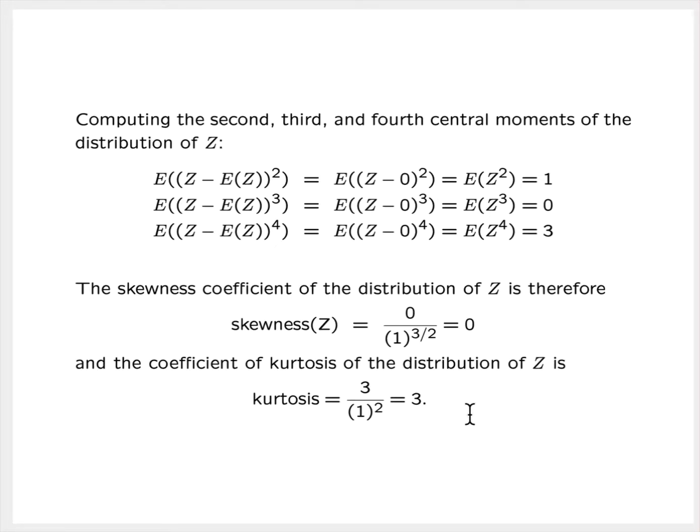If the skewness coefficient is negative, then there's left skewness in the distribution. And if the skewness coefficient is positive, that tells us that there's right skewness. And then the magnitude of the skewness coefficient tells us the degree of the skewness in a graph of the distribution.